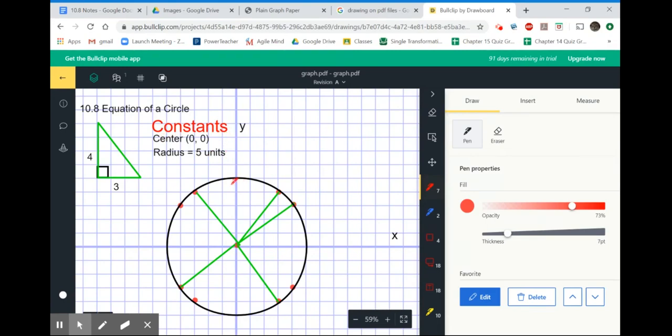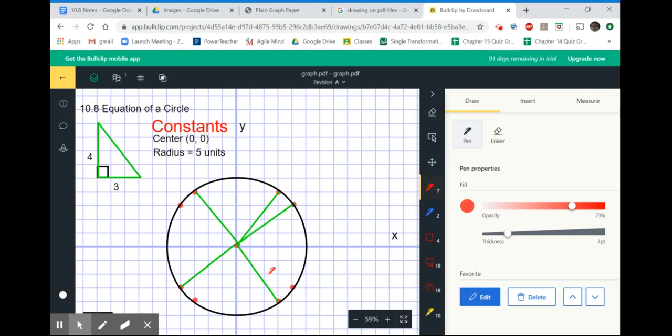Well, the reason that they are constant is because they don't change. That's what constants are. We don't have to think about what they could be. We know what they are. We know that no matter where we are on this circle, the center is 0, 0, no matter what, and the radius is 5, no matter what. So those numbers we know for a fact when it comes to this circle.